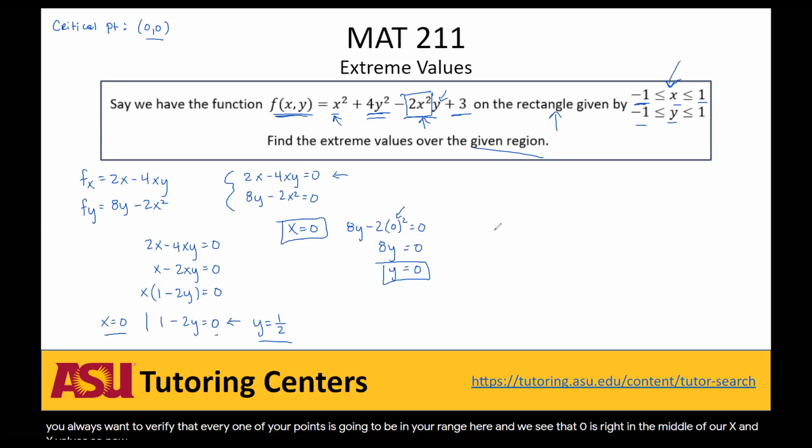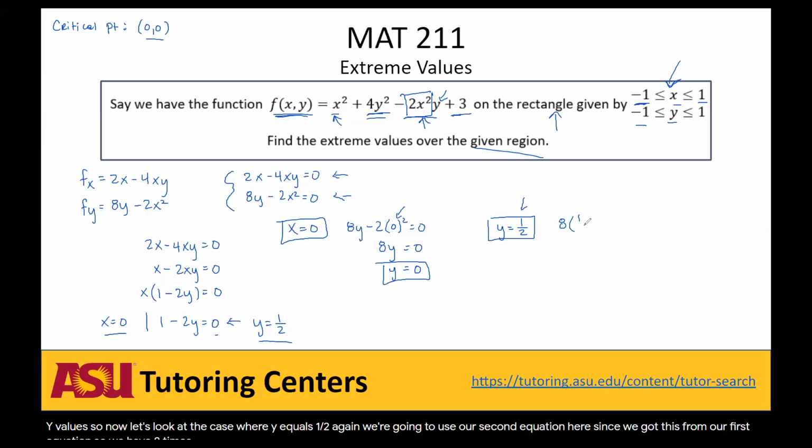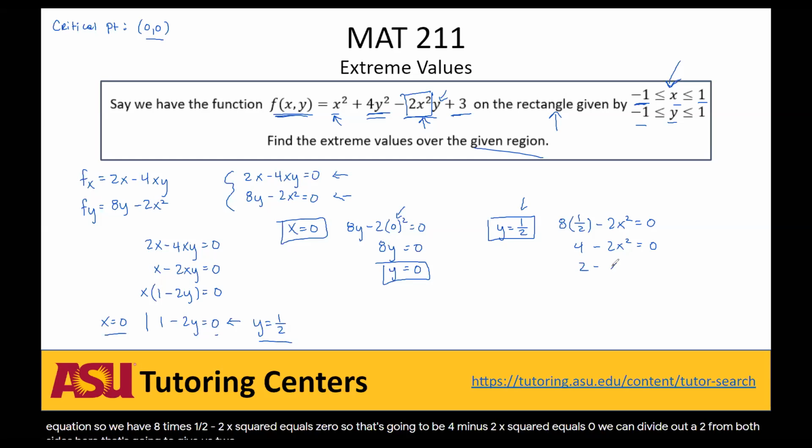So now let's look at the case where y equals 1/2. Again, we're going to use our second equation here, since we got this from our first equation. So we have 8 times 1/2 minus 2x squared equals 0. So that's going to be 4 minus 2x squared equals 0. We can divide out a 2 from both sides here. That's going to give us 2 minus x squared equals 0.